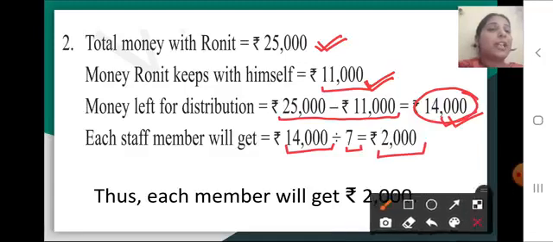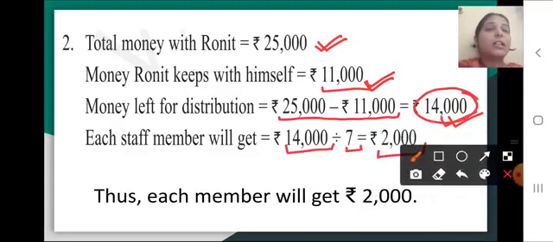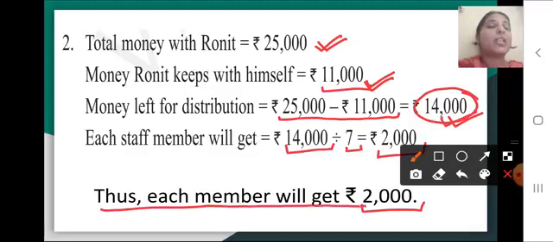So in this way we will get the answer: thus each member will get rupees 2,000. Because this is a word problem, the final answer you have to write in the form of a statement. Got it, children? First you have to read the word problem carefully. You have to understand which operation to be done to get the answer, and the final answer you should write in the form of a statement. Okay.